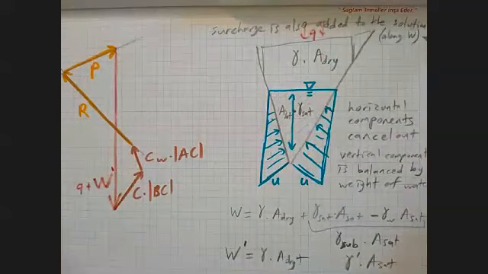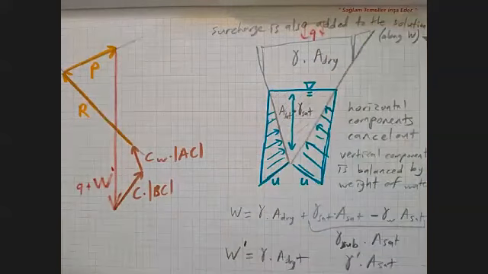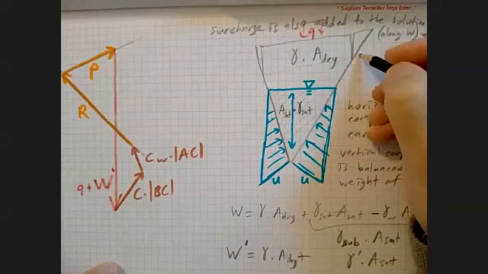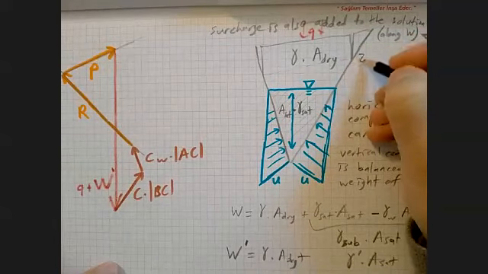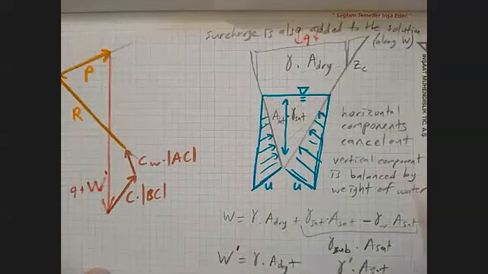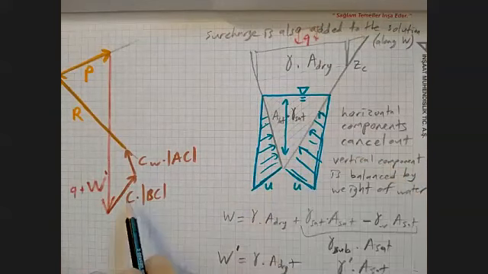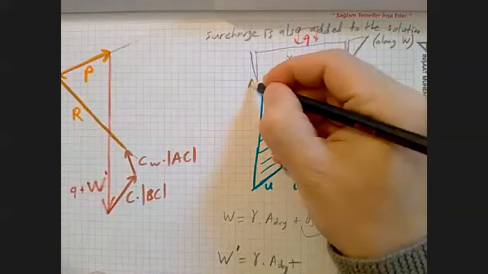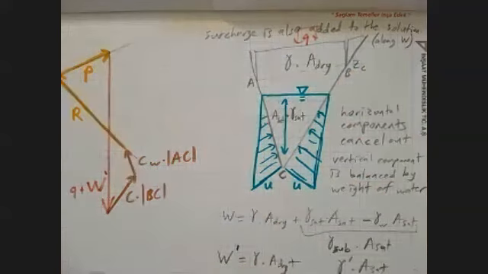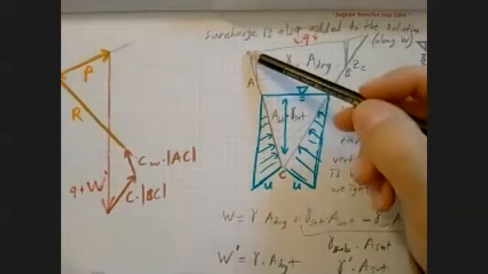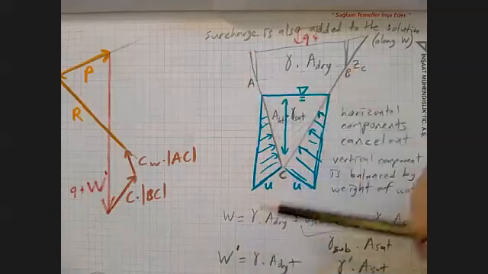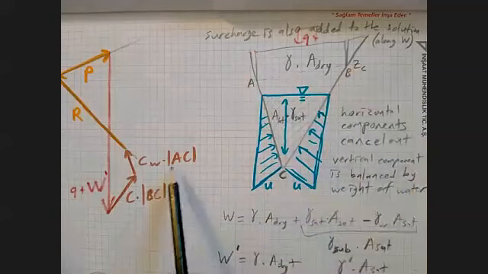So my wedge becomes a little smaller, but more importantly, remember I had A, B, C points. They aren't at the top of the wedge anymore. They are at the bottom of the cracks. So that effectively reduces these two.